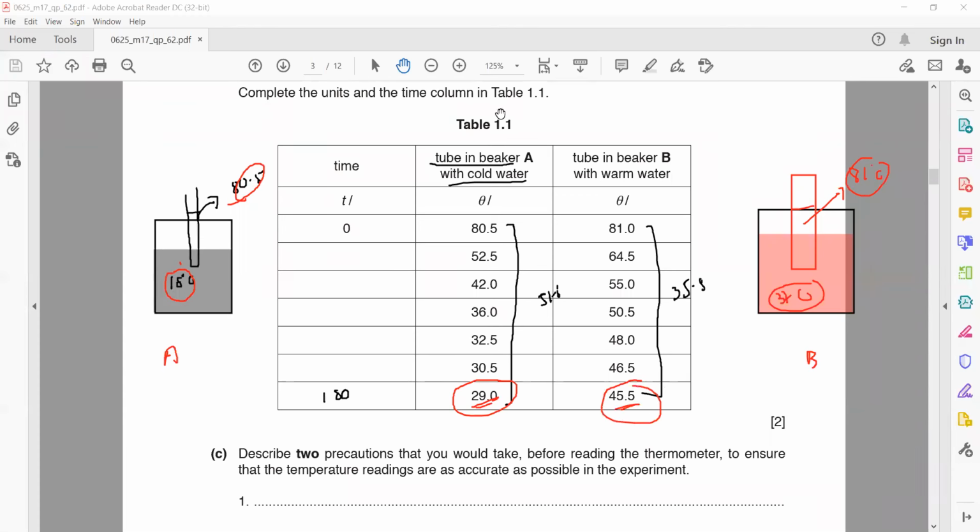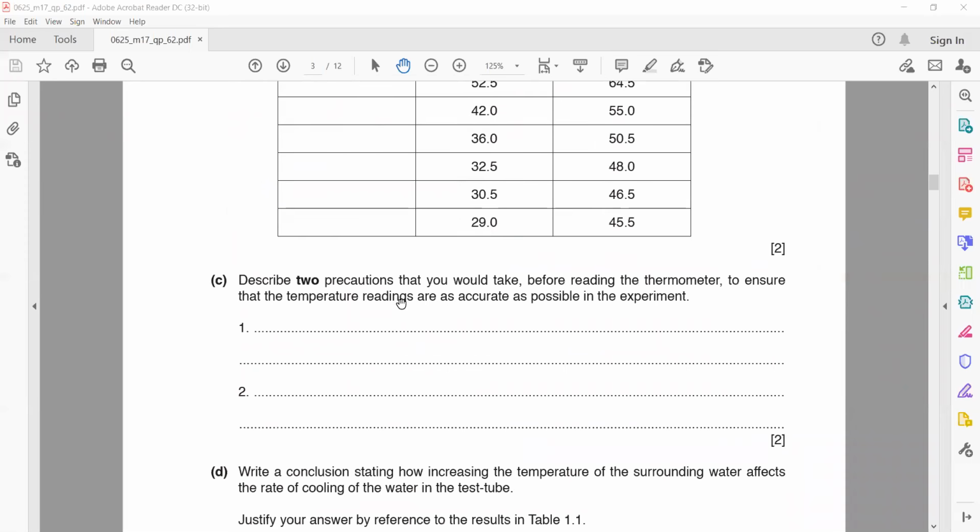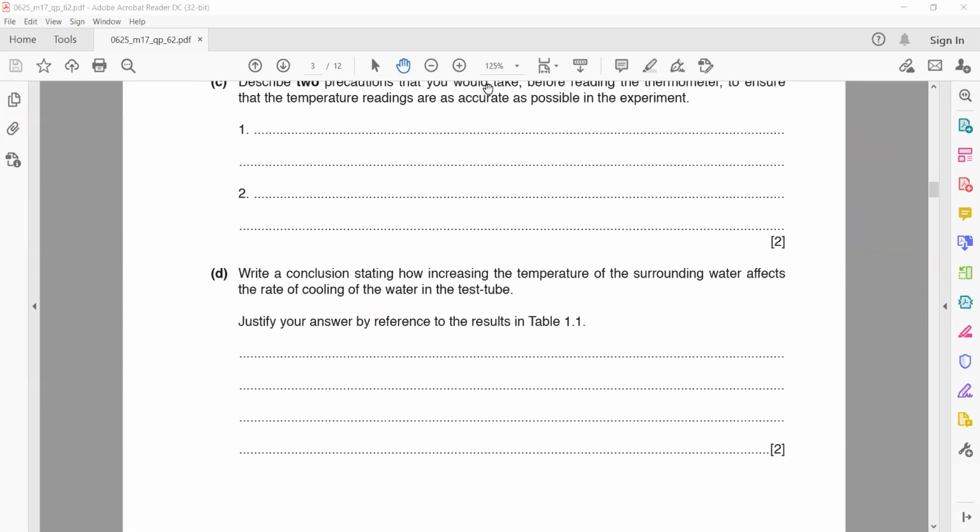So using the readings, we have to write a conclusion with reference to the readings in table 1.1.